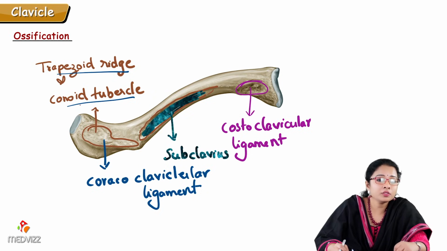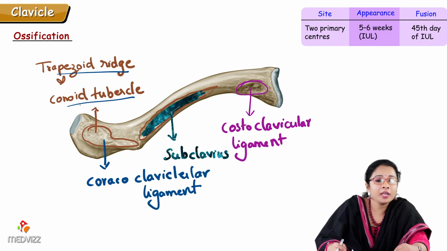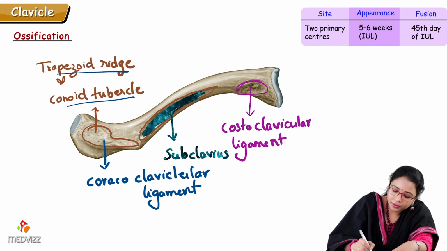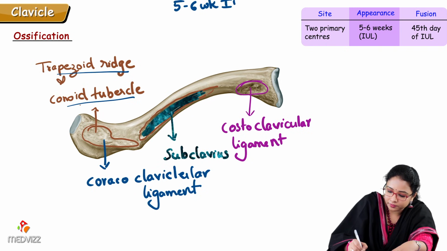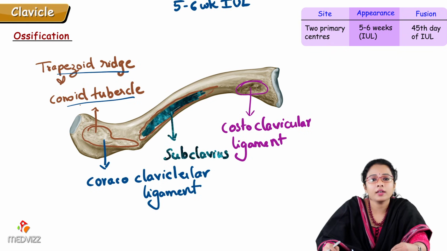Let's talk about ossification of the clavicle, because we said it is the first bone to start ossifying in the body, and there are two primary centers for the clavicle which appear in the medial and the lateral part of the shaft of the clavicle. The primary centers usually appear during 5th to 6th weeks of intrauterine life, and both the centers fuse by 45th day of intrauterine life.